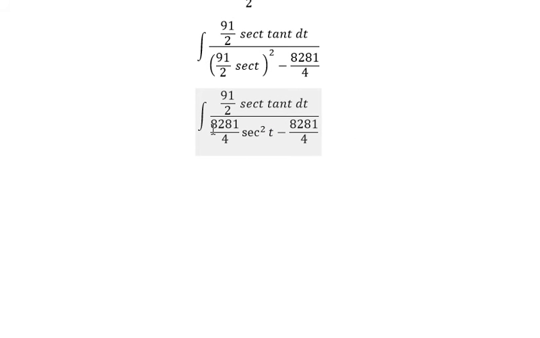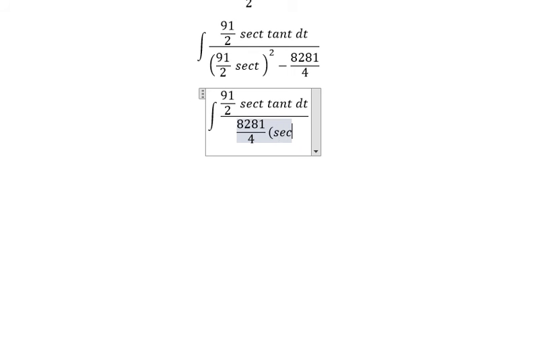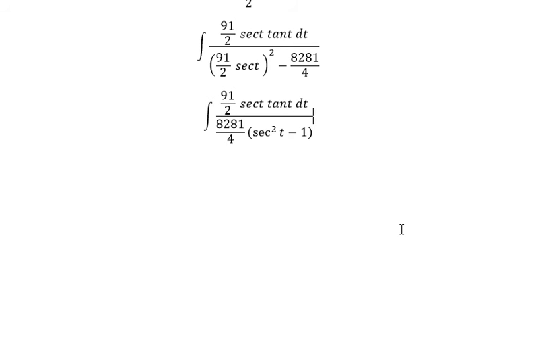And we put 8,281 over 4 outside. So you get secant of t to the power of 2 minus 1. We simplify two fractions in here, and you get 2 over 91.